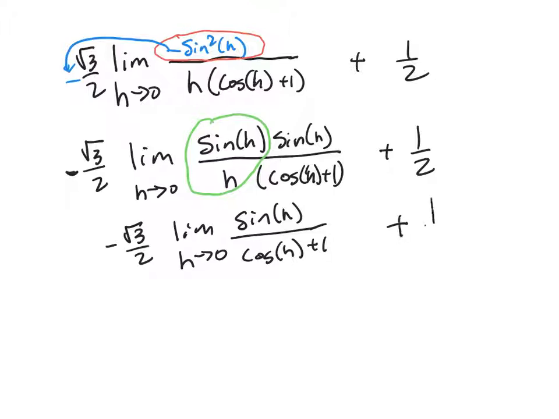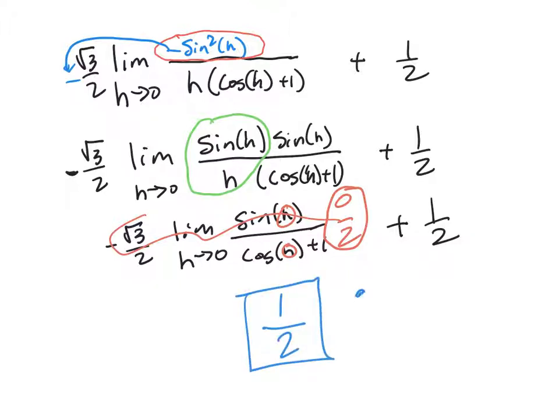Don't forget my plus 1/2 out here. And go ahead and do substitution on this, and we get sine of 0, which is 0. And on the bottom, I get cosine of 0, which is 1, plus 1, which is 2. So this whole thing is 0. 0 times the square root of 3 over 2 is still 0, so this is gone. And the value of my limit, miraculously, is 1/2.